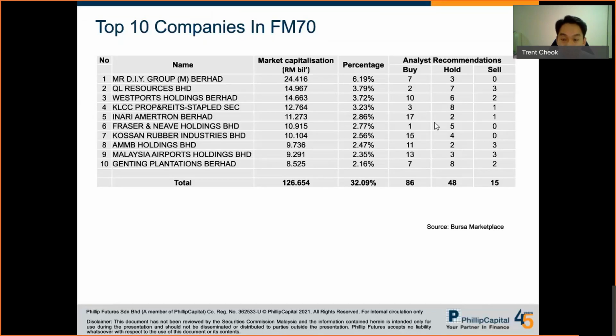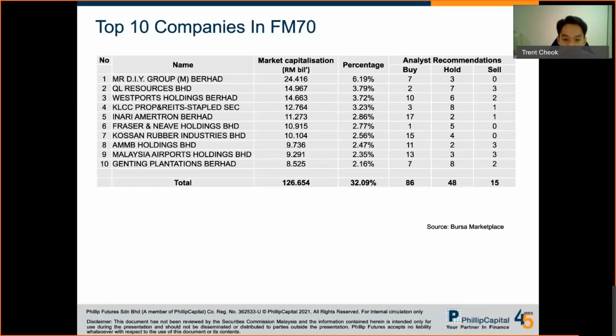Basically, there are three types of analyst recommendation, which are buy, hold, and sell. Buy means the analysts expect the price will go up in the one-year period. Also, one thing to take note of: these analysts do research based on a 1 year period. So if there's a buy call, it means in a 1 year period, Mr. DIY shop will go up.